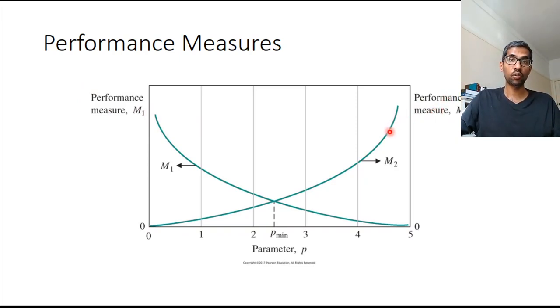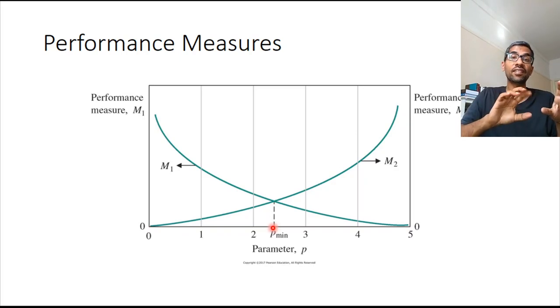There are these two curves, and you want to optimize M1 and M2 in a certain way. Maybe you define the performance of the control system as best when you have the minimum of M1 and the minimum of M2. What is the place where they get the least together? In that case, this would be this point, and maybe you want to design your control system to operate here.